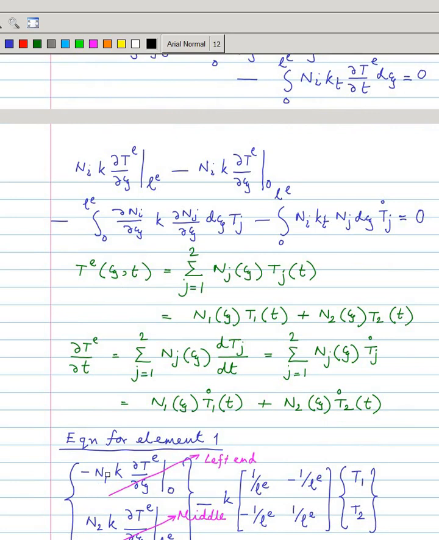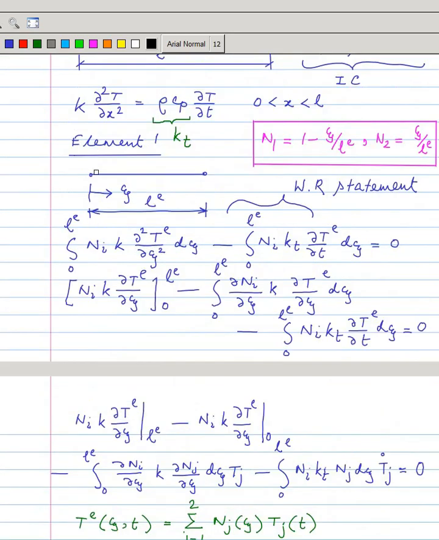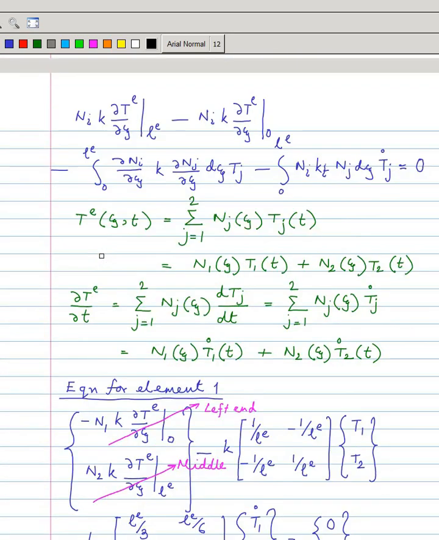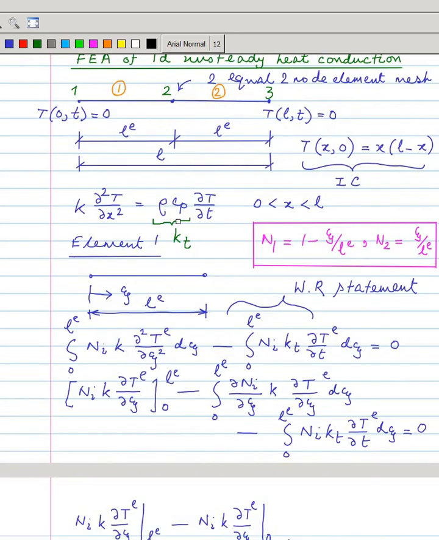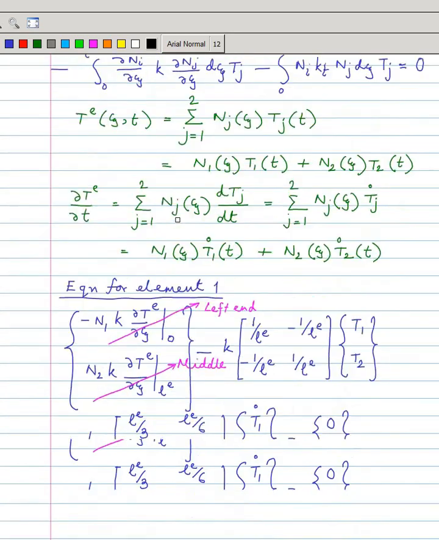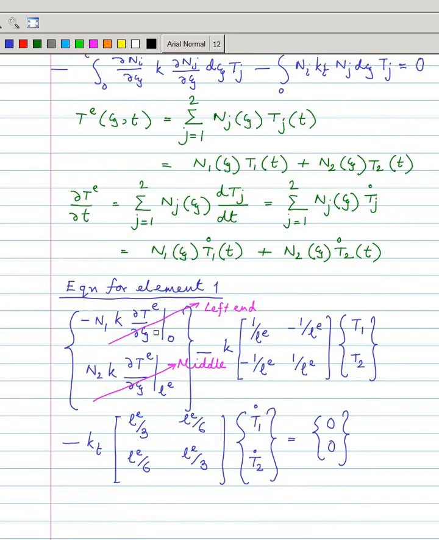N1 is also 1, you can make it 1 also. I have kept it N1, but you can make it 1. So this is actually the left end, and this is the right end of the first element, or the middle of the assembly. So this term is this.